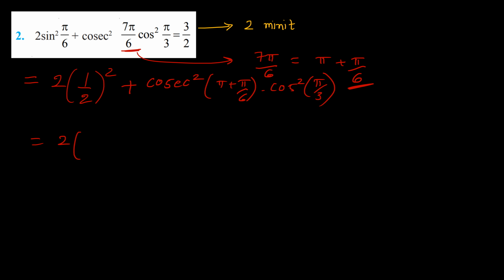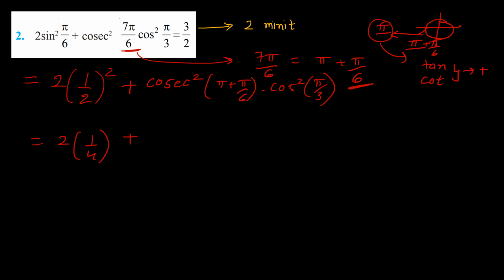Now we have the value of pi by 4. As we know in trigonometry, pi plus pi by 6 is in the third quadrant, where only tan and cot are positive and the others are negative. So based on that we put a negative cosec pi by 6 square into cos square pi by 3.